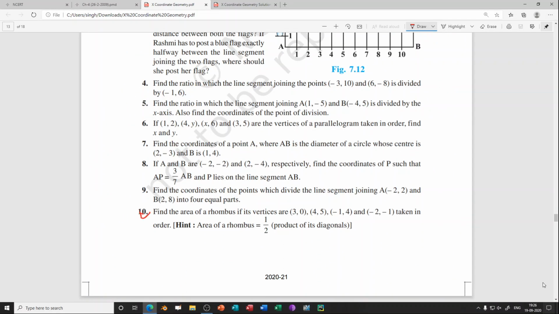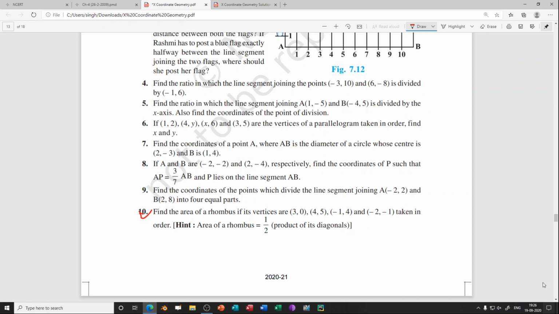Now question number 10. Find the area of a rhombus if its vertices are 3, 0, 4, 5, minus 1, 4, minus 2, minus 1, taken in order. A hint is also given for this. This question number 10 you will do on your own, very simple, because it's a rhombus. We already know from our lower classes that the area of a rhombus is half into the product of the two diagonals.